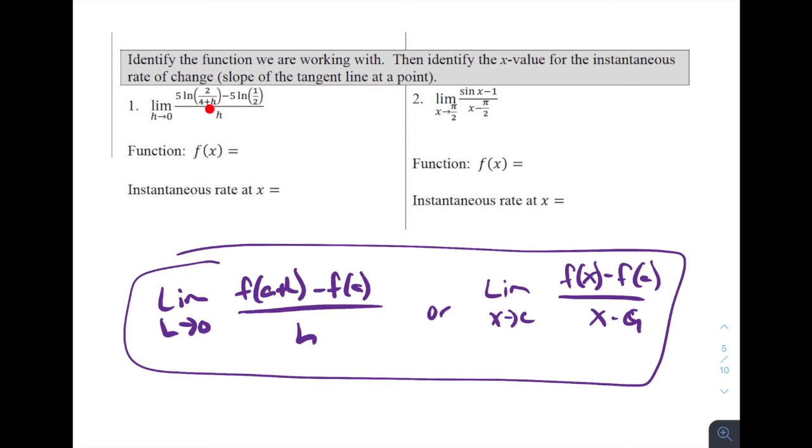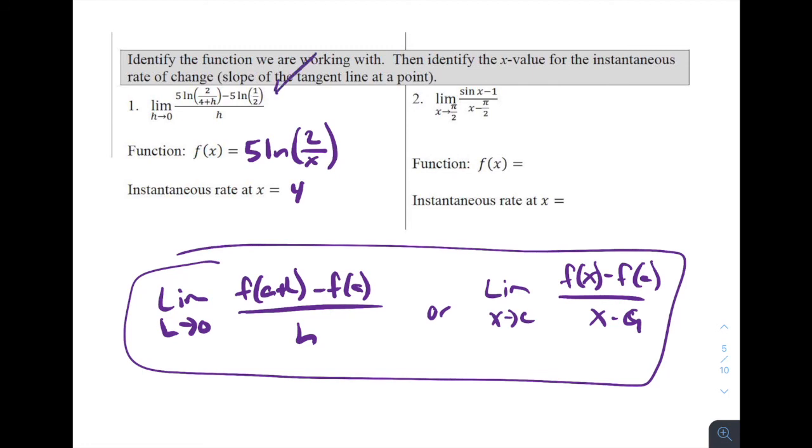I'm wondering if the equation is 5 ln of 2 divided by something, so I'm going to say divided by our x. This 4 plus h is the input for this function, which would mean the a would be 4, and then we've got our plus h. So I'm thinking that this is x equals 4.